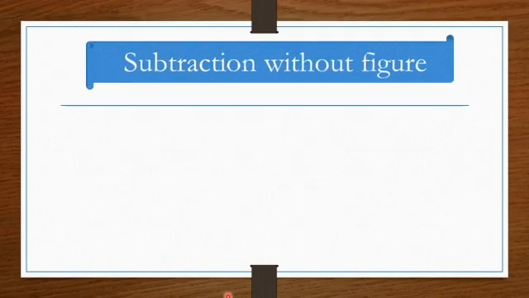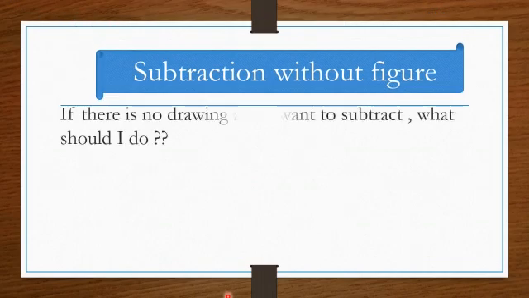Here we have subtraction without figure. If there is no drawing and I want to subtract, what should I do? Let us take an example. Here we have a subtraction sentence. 9 minus 5, it's equal to what? We are going to calculate the answer.